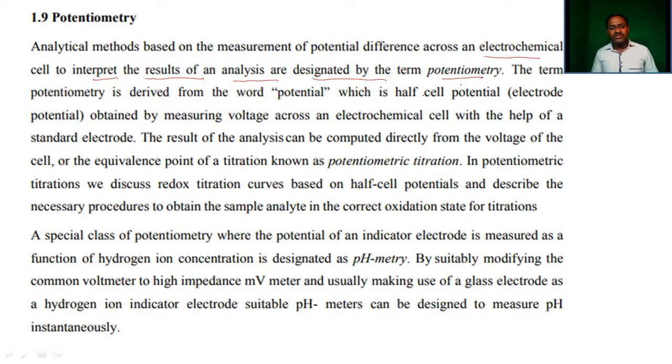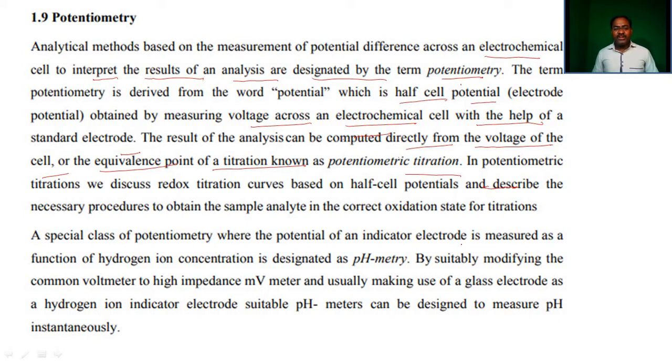The term potentiometry is derived from the word potential, which is half cell potential, obtained by measuring voltage across an electrochemical cell with the help of a standard electrode. The result of this analysis can be computed directly from the voltage of the cell or equivalence point of a titration, known as potentiometric titrations.